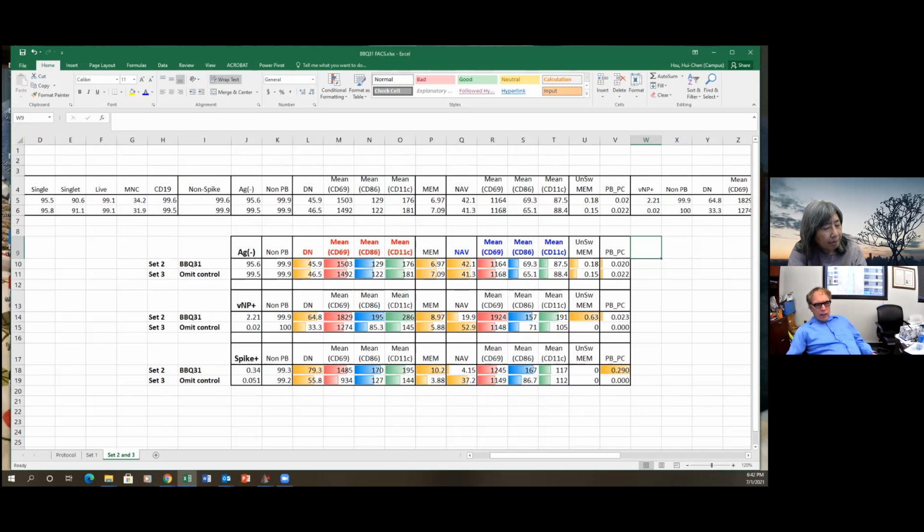One thing is the memory does go up, relative to the total. Up here there's nothing, but you get a specific one. So those memory B cells might be the critical ones to protect us against the variant.